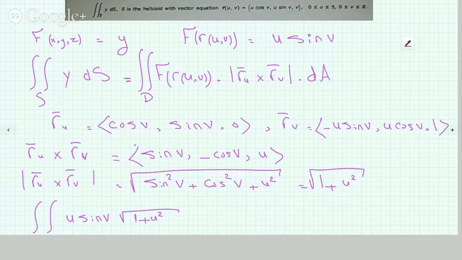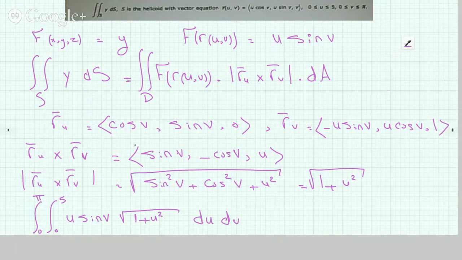It's better to start this with du and make the substitution of 1 plus u squared being w. Then you would get u du to be dw over 2. And then evaluate this from 0 to 5. And then go back and take that answer and integrate it with respect to v from 0 to pi, like our bounds suggest.